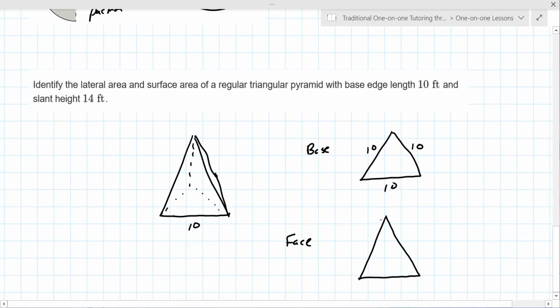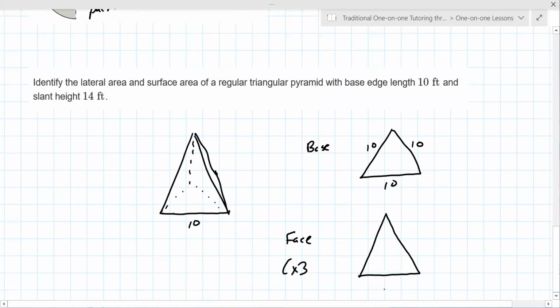Yes. And then the slant height. Well, the front face is the same as the three side faces. You have three of these. Let me put that over here. And the base is 10, and like you said, the slant height is 14.